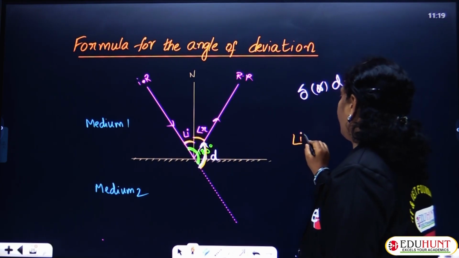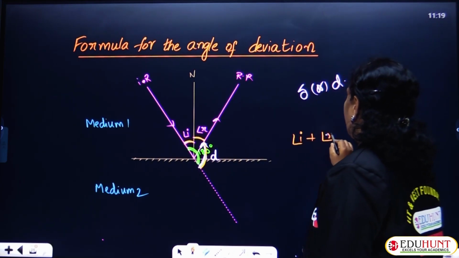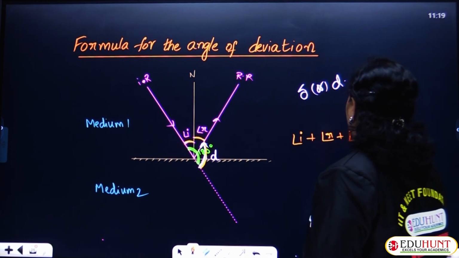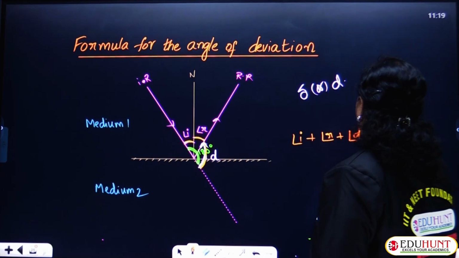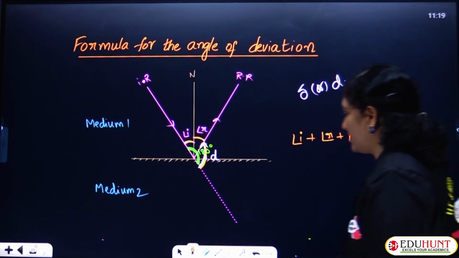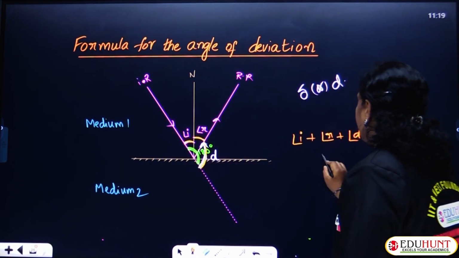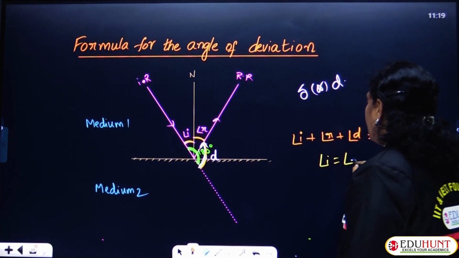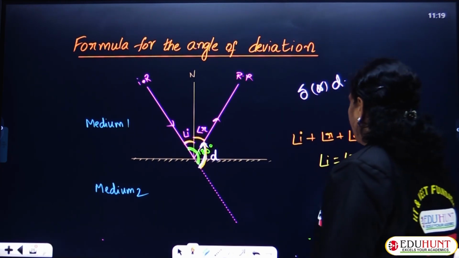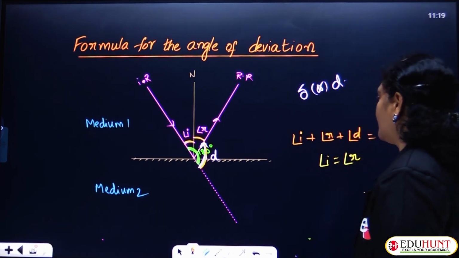So we observe from the picture that I plus R plus angle D must be equal to 180 degrees. But from the laws of reflection, we know that angle I must be equal to angle R. So wherever we find the value of R, it can be replaced with I.